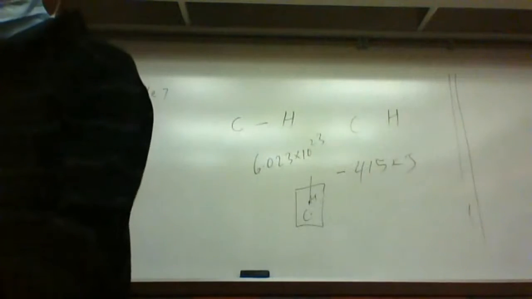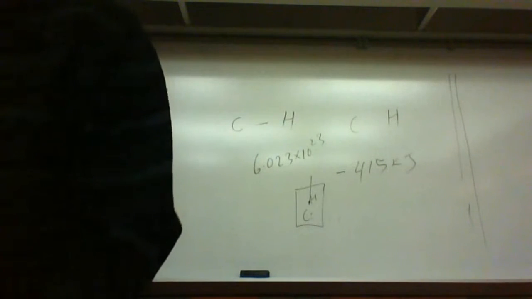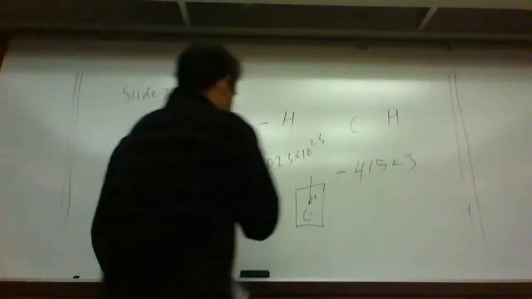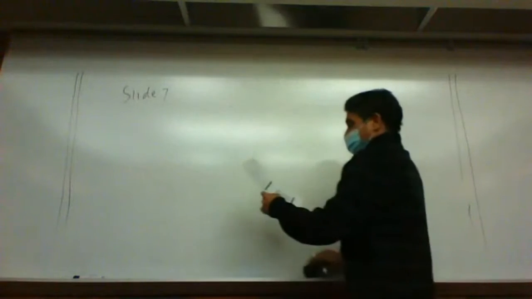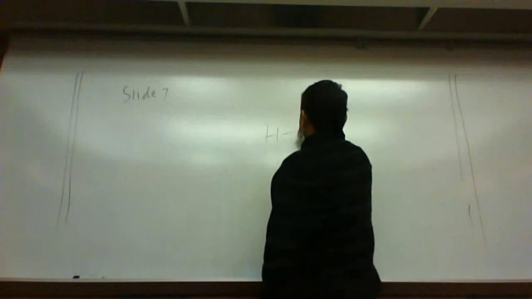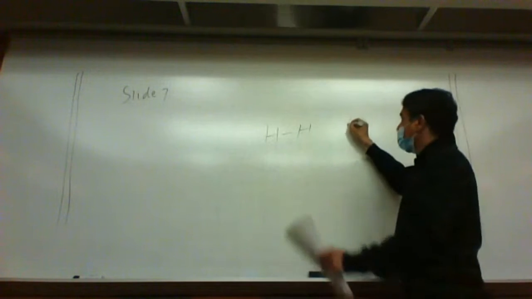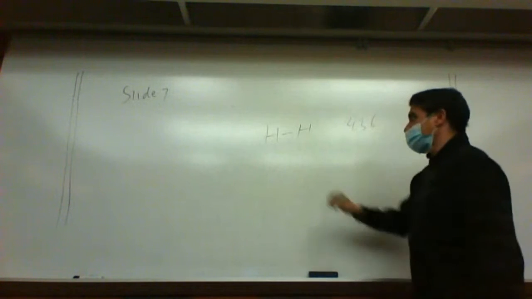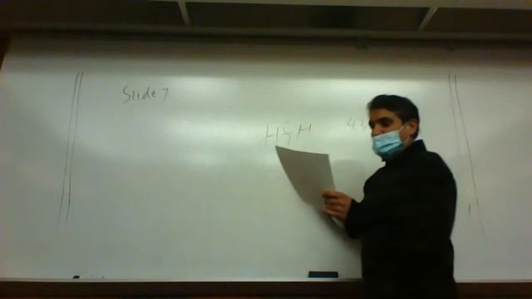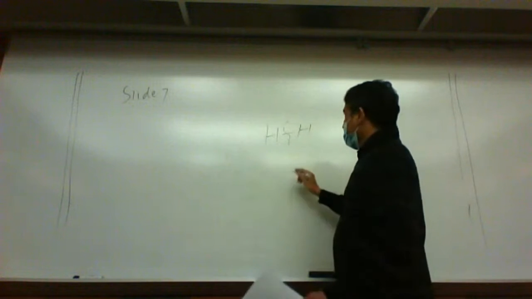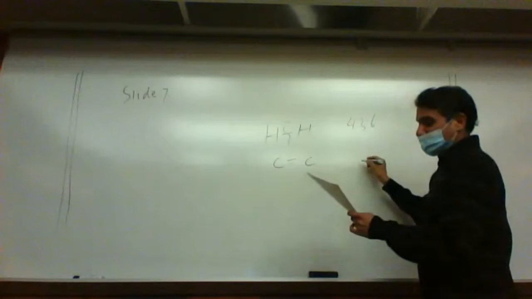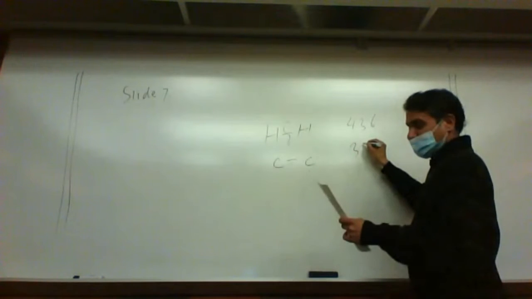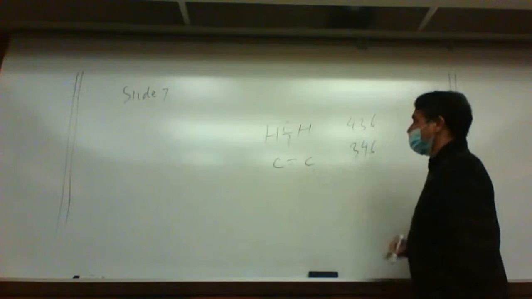So let's do another one here. There are a couple of problems we need to do, and I told you that breaking the double bond takes a very high amount of energy. For example, if you want to break just one H-H bond, you need to give 436 kilojoules of energy. If you want to break the C-C single bond, you need to give 346 kilojoules of energy.